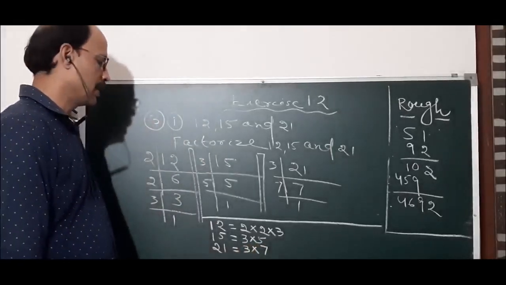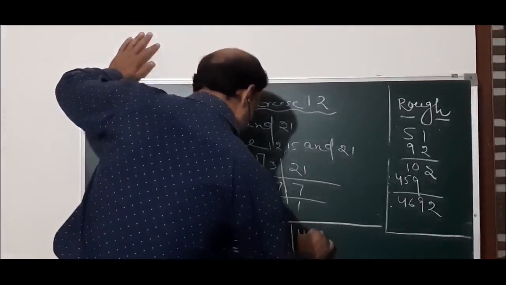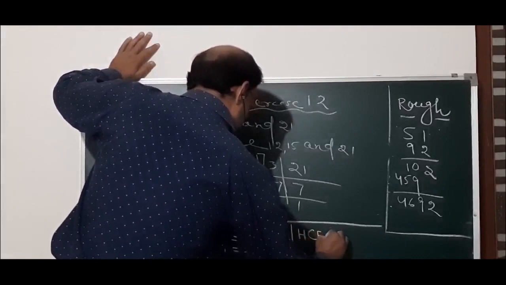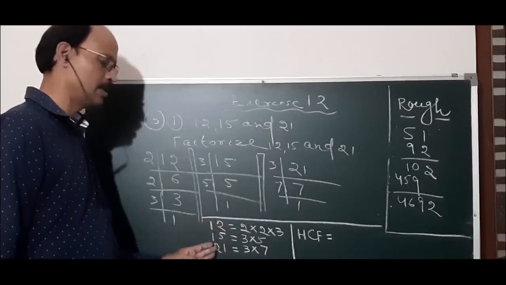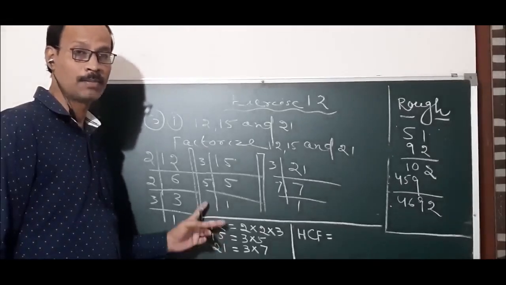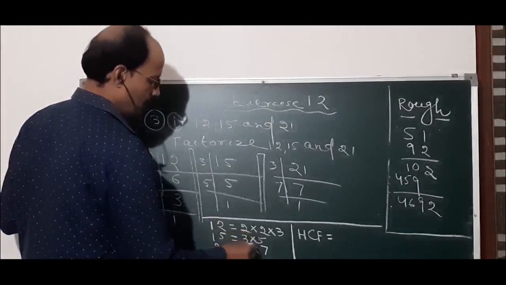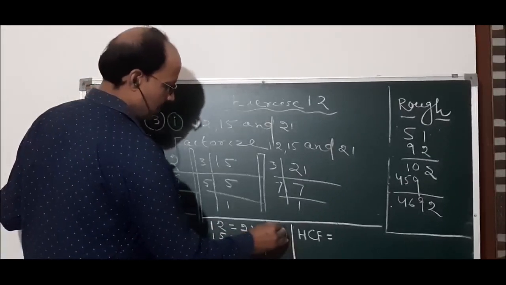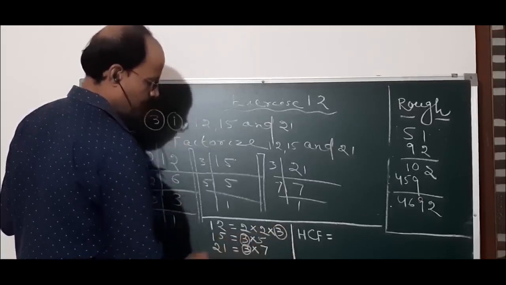So to calculate HCF, what do I have to do? First, we have to check whether there is any common number among the 3 numbers. So let's check. So here 3 is here, also 3, and here also 3.